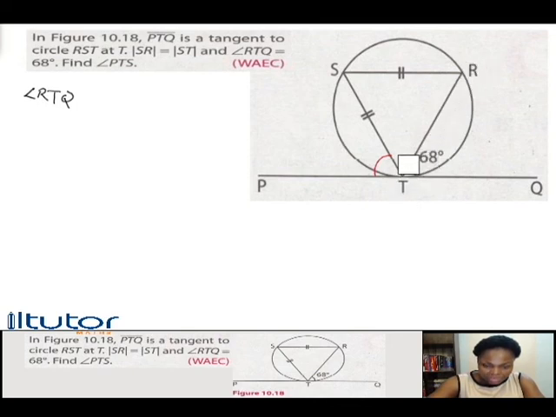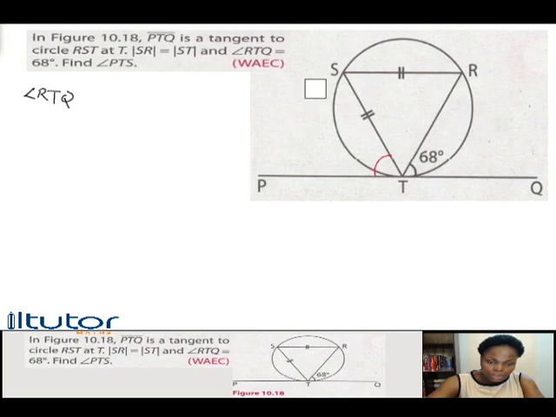This chord is dividing this circle into two segments: the TR segment, this smaller segment from this point to this point, and another area that is bigger. This area is the smaller segment, and then the whole of this area is the bigger segment. So in this smaller segment between this chord TR and the tangent, 68 degrees have been formed. Now in the alternate segment there's an angle here.